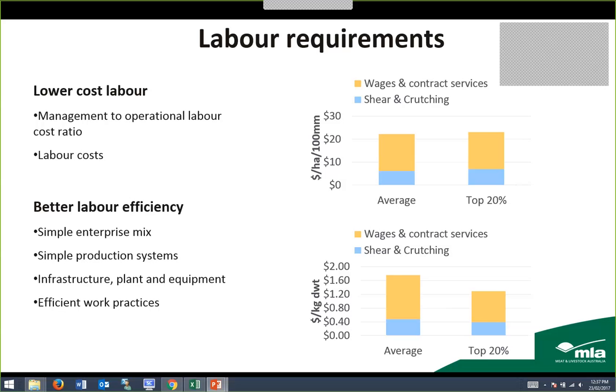Well, that's a way of improving labour efficiency. Investment into infrastructure to improve efficiency. Are you using laneways at the moment? Because they may be the best use of your infrastructure spend or capital spend, because it means that you free up labour to do other things, or it means that you free up labour not to be on farm.